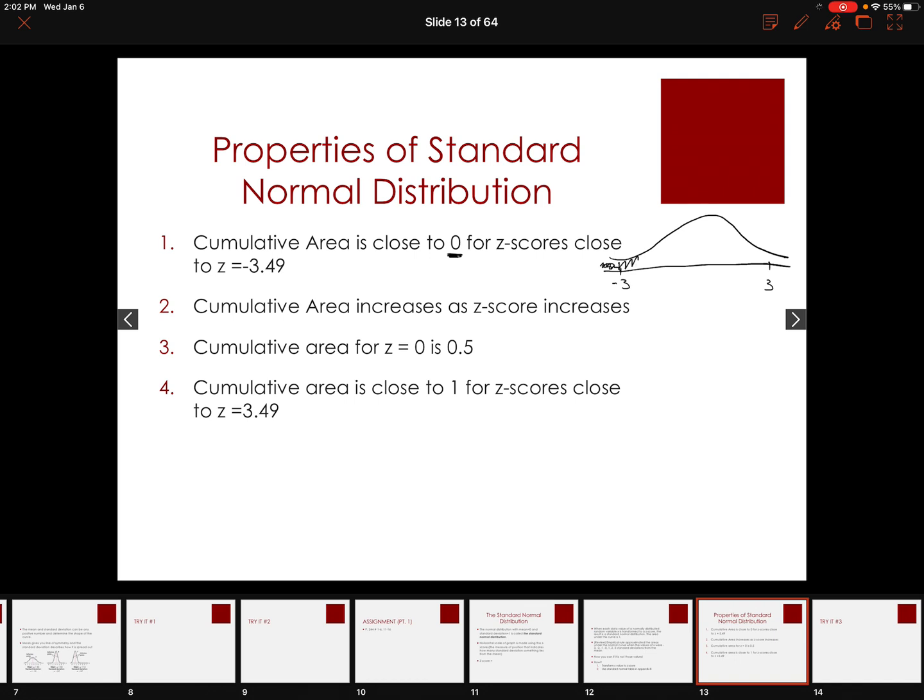As we move further and further along, the area increases. When you get to z being 0, which is our point of symmetry, our mean, we've reached half of the area. When we get close to 3, the area is almost exactly 1.